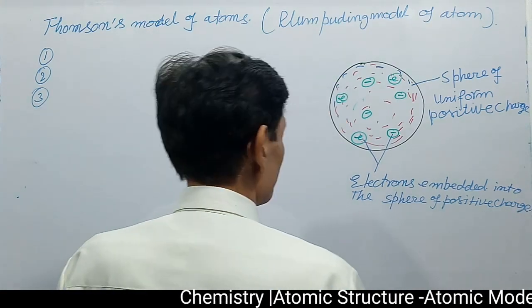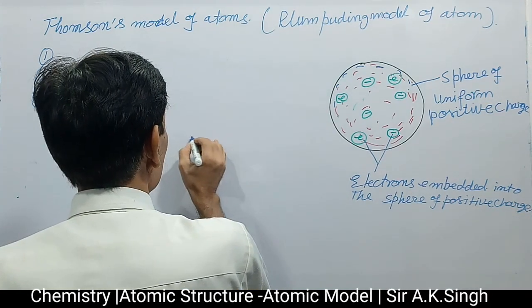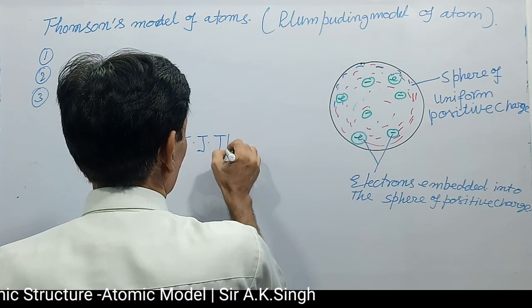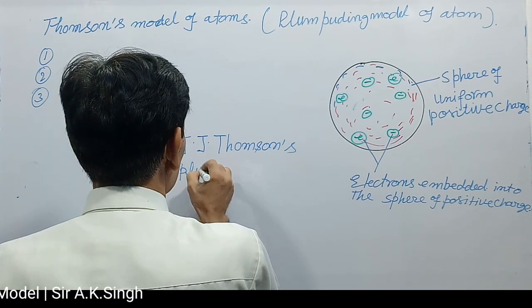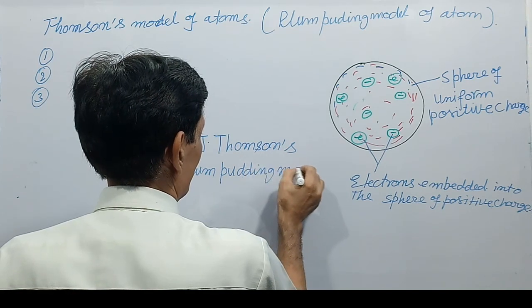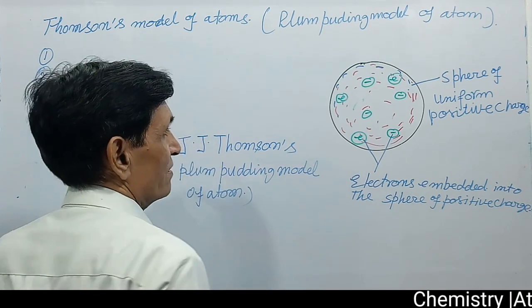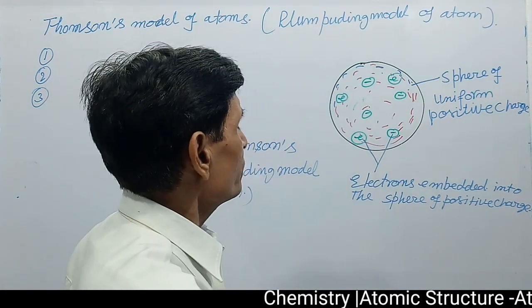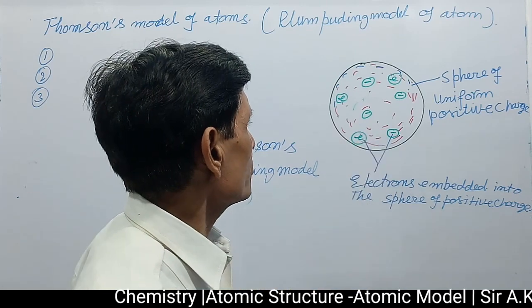Now this model is called J.J. Thomson's plum pudding model of atom. First point: an atom can be considered as a sphere of uniform positive charge and electrons are embedded into it.